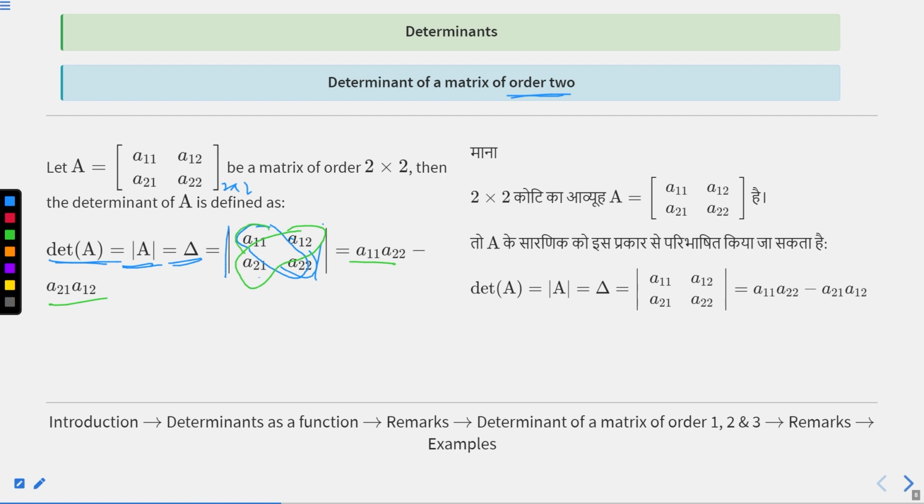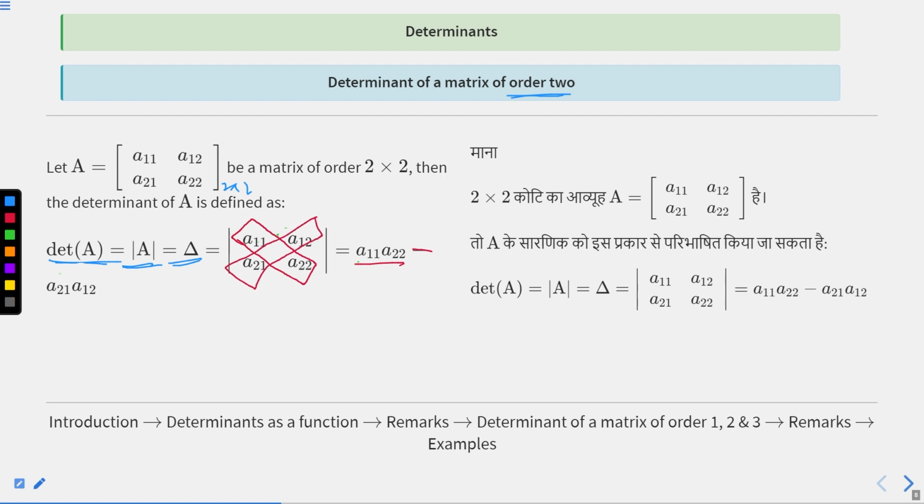So multiplying this minus multiplying this. I hope it is clear. It is simple to remember: first we took these diagonal entries, and then minus the product of these diagonal entries.